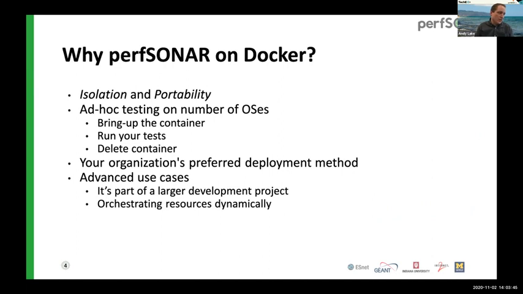So there are times where you might have to worry about conflicts, like something needing a different version of HTTPD. We've run into stuff like that before with tools like GridFTP. If it's just in Docker, it's all separate and on its own, and you don't have to worry about it. The other piece I alluded to earlier is portability. It actually runs on a number of OSs, and for that reason in particular, I find it one of my favorite ways to bring up an ad hoc tester.